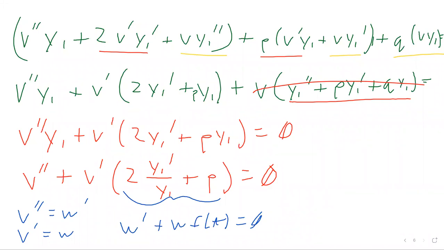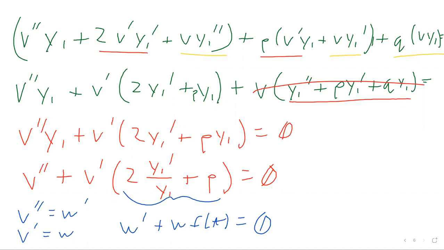So we have now reduced our second order equation down to a first order equation. And it's separable, it's homogeneous, and so it's a very, very easy one to solve. So we could then find w in terms of t.